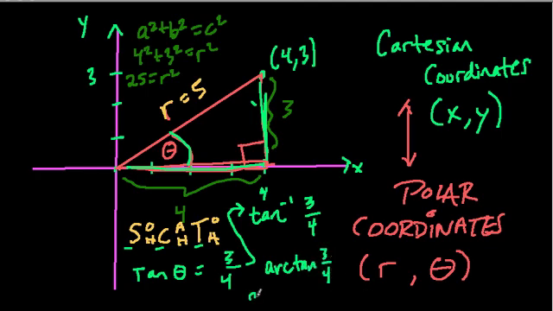And that's, well, the tangent of theta is equal to 3/4. So theta is the same thing as the arctan of 3/4, which we've written right here.